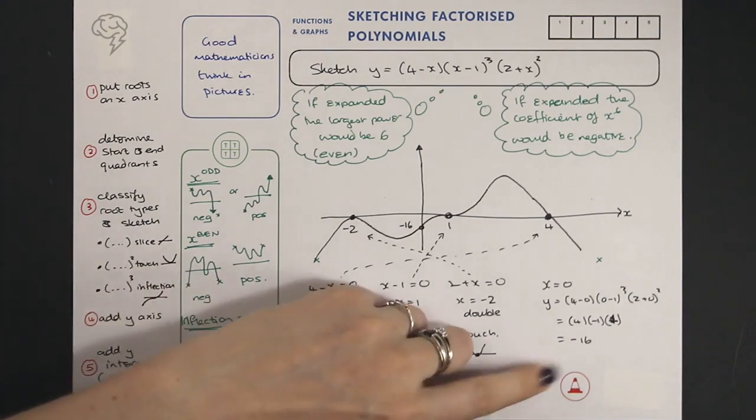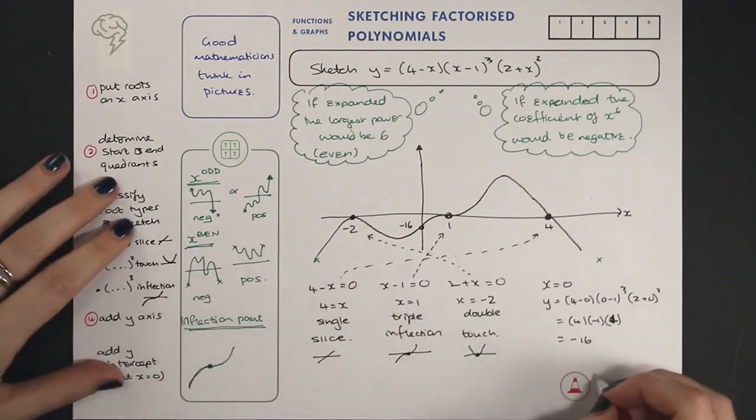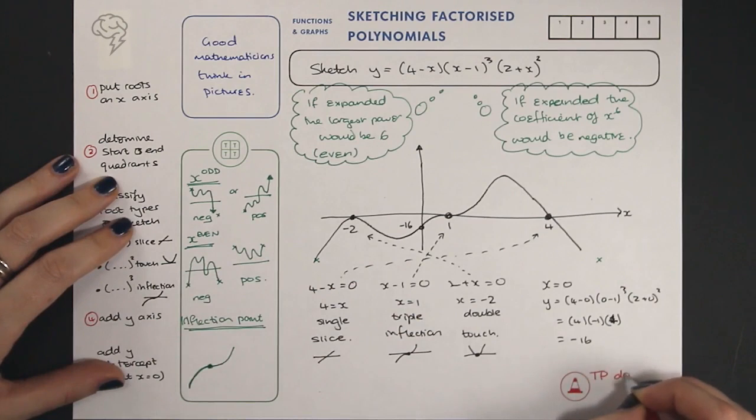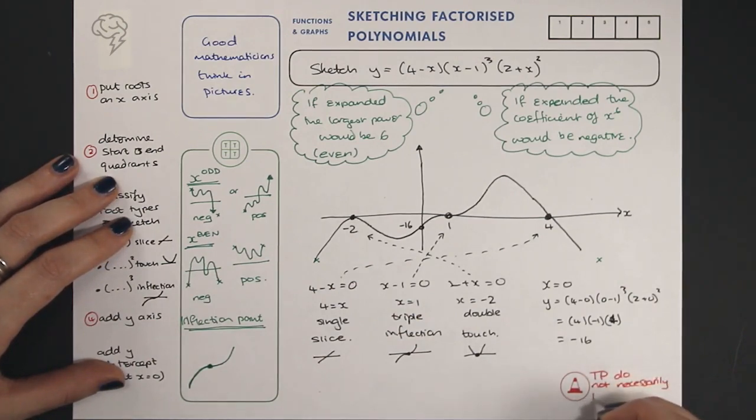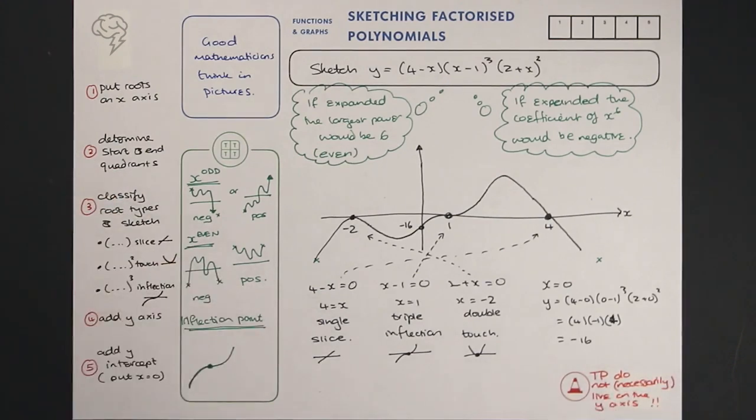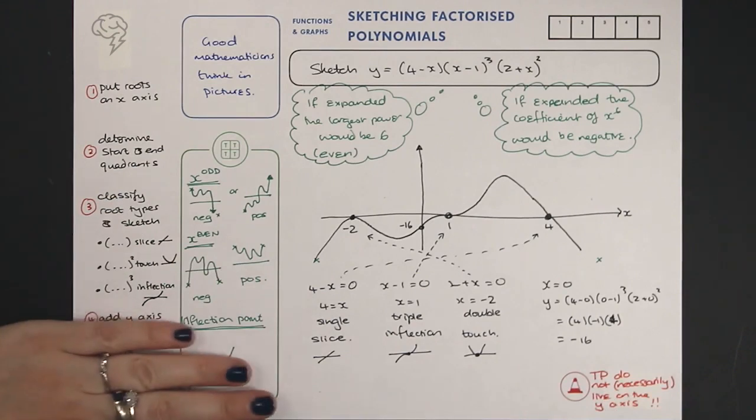I do want to point out a very, very common mistake, which is that turning points do not necessarily live on the y-axis. They might live on the y-axis, but they probably don't. And that is why I've got this y-axis tucked right at the end, not getting in the way.